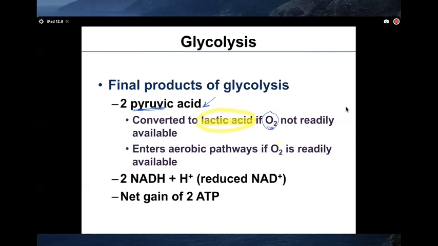If I do have oxygen, this will take me to the aerobic pathway. This reaction is going to be releasing two hydrogens attached to two NADH and yields two ATPs.